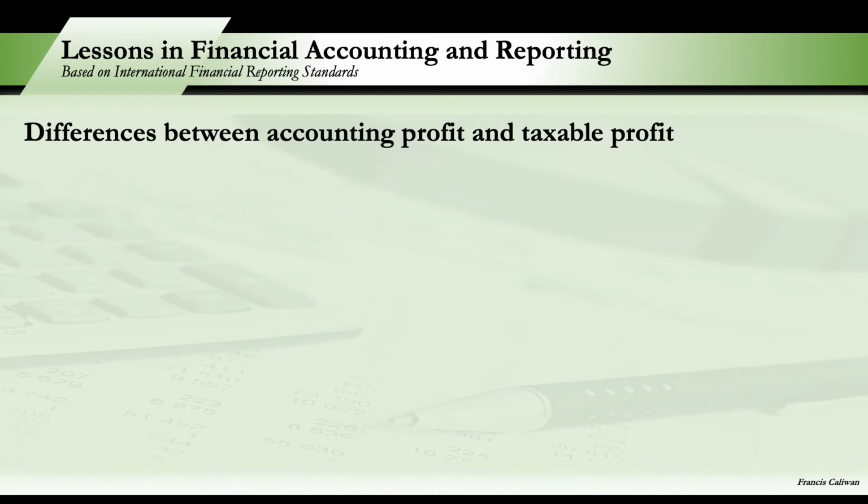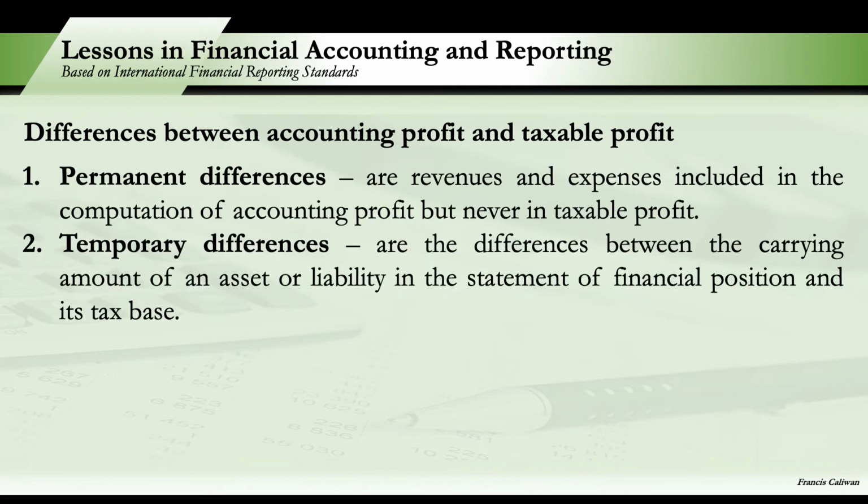Now let's discuss the types of differences that cause accounting profit to be different from taxable profit. We have two: permanent differences and temporary differences. Permanent differences are revenues and expenses included in the computation of accounting profit but never in taxable profit.